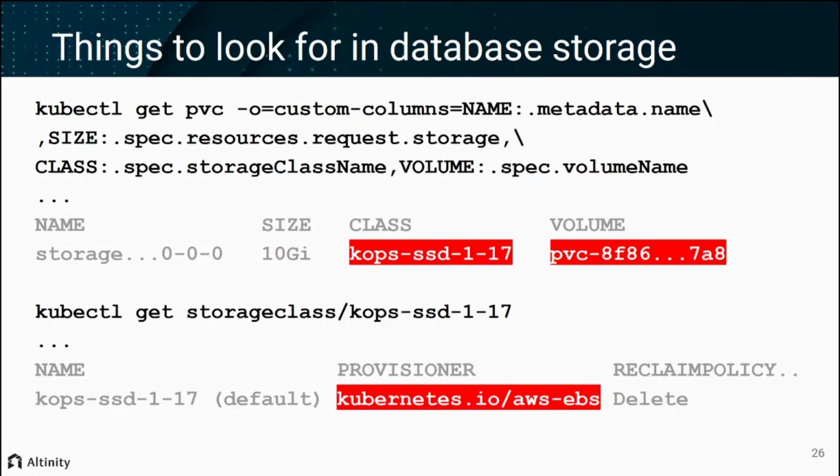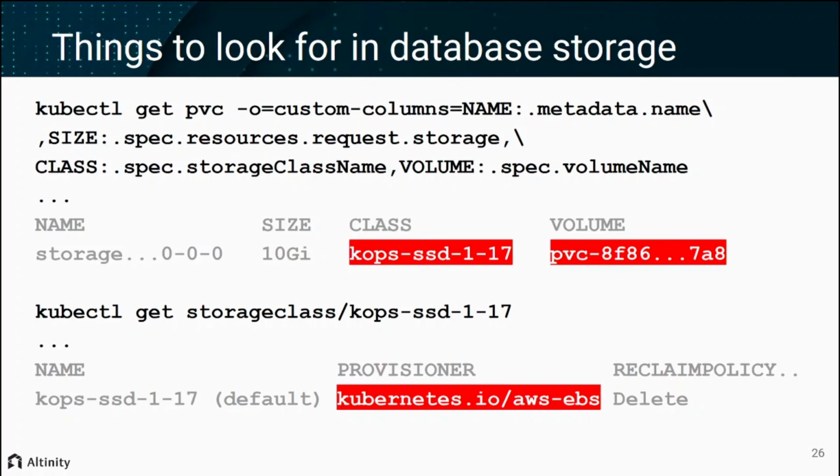So here's an example. We run a kubectl get pvc command, and I've changed the output a little bit so that we really see what we expect. When we look at the PVC, we see that it has a storage class of kops-ssd-1-17.